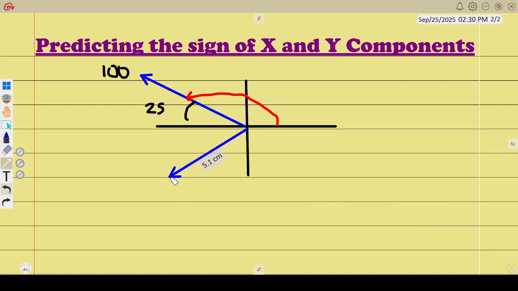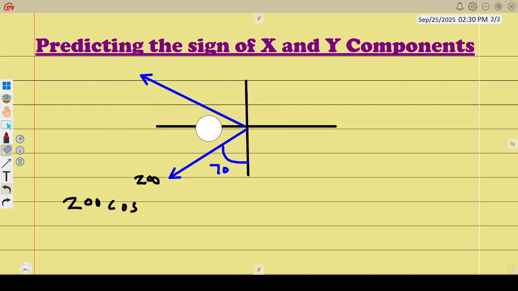Now let's get another example. Let's say we have been given an angle there, it is 70. Let's say this is 200. So the x component is 200 cos. Remember, angles should be read from the positive x-axis, so this will be 270 minus 70.